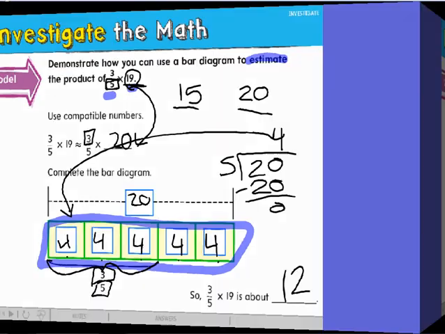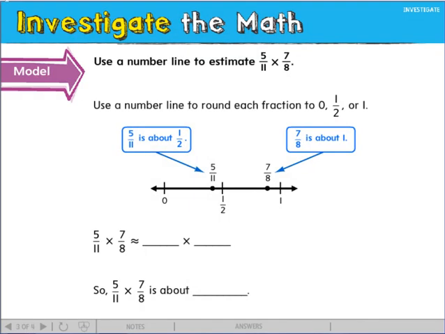Okay? Are we going to do it on our board? Now, this is where it's going to get, I wouldn't say tricky, but trickier. They want you to round fractions to the nearest half or 1 because they're easy to work with. So when you're multiplying 2 fractions, they're going to say round to the nearest half, round to the nearest 1. And then they give you a number line that's got 0, 1 half, and 1 on it.